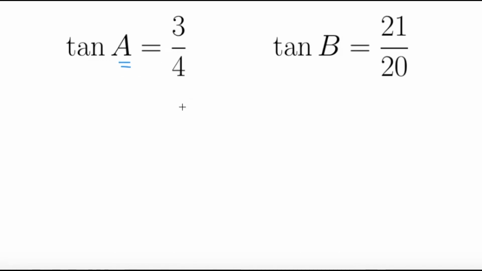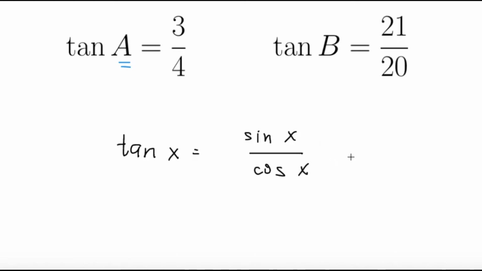We know the identity that tangent x is equal to sine x over cosine x, so we can utilize this fact and get the respective values for sine and cosine.